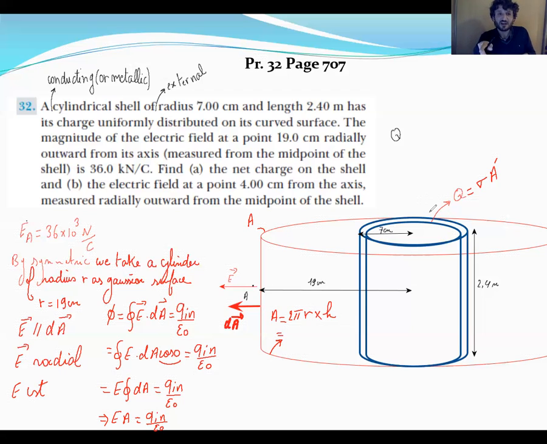But in this case, we have a metallic conducting object, so the charge is only on the surface. So we have a surface charge density.